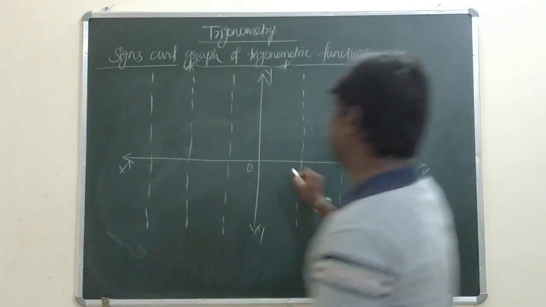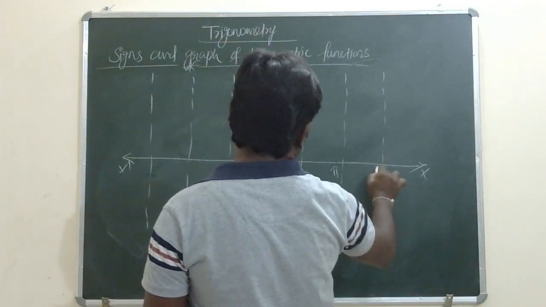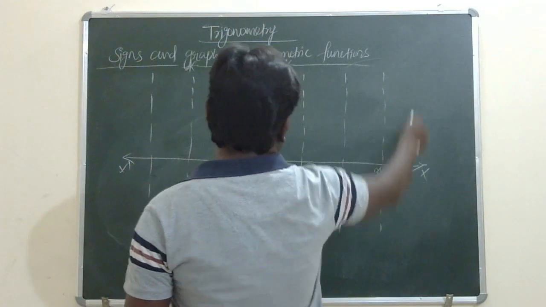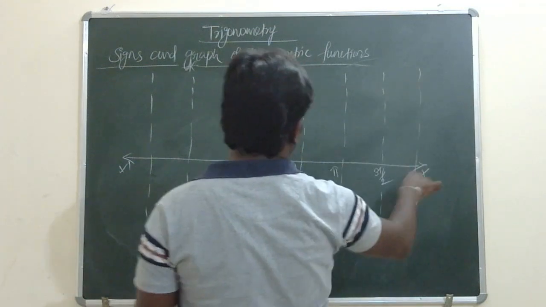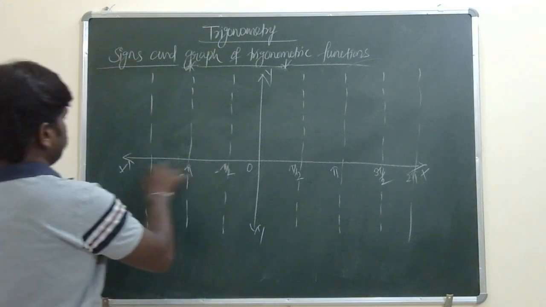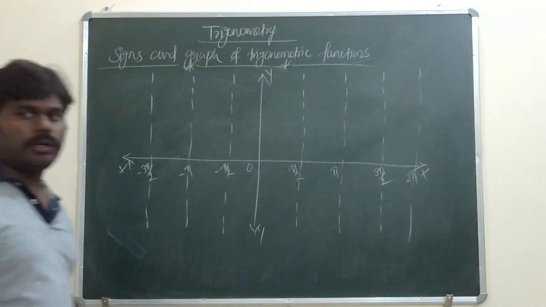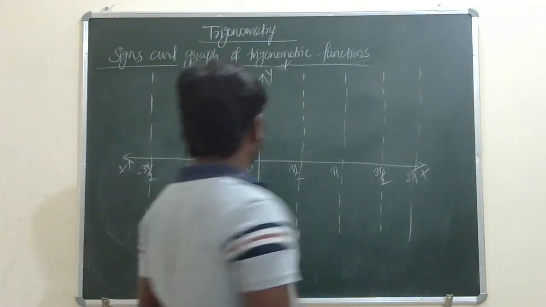Okay, so this is pi by 2, and here pi, and of course 3 pi by 2, and you can draw 2 pi here, no problem. And here minus pi by 2, and on the left side minus pi and minus 3 pi by 2. Okay, fine. So now how to draw the graph of the tan.